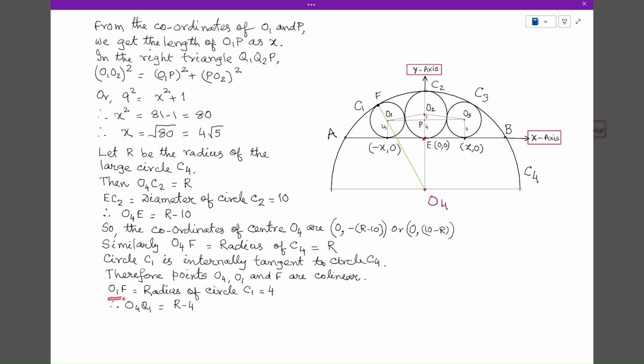Therefore, O1F is the radius of the circle C1, and that is equal to 4, and therefore O4O1 is equal to R minus 4. This whole thing is R and this small thing is 4. So this is R minus 4.